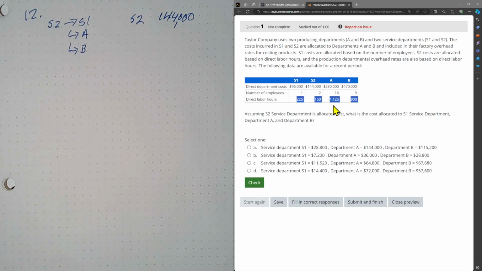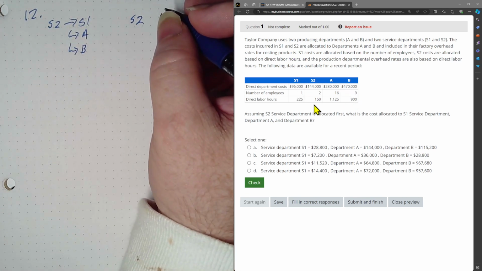Now remember, whenever we're using step, or direct for that matter, we do not include our own cost driver. We only include the cost driver of the departments we're servicing. So S2 has $144,000 of costs, and it's going to allocate those costs to the other three departments based upon direct labor hours. Therefore, we're only going to look at the direct labor hours of the three departments we're allocating to. S2 is going to allocate to S1 and to the two production departments.